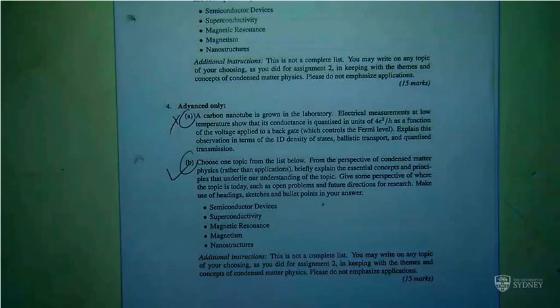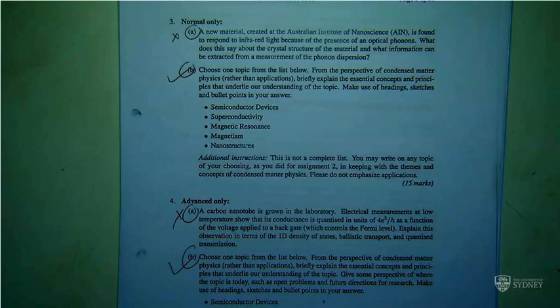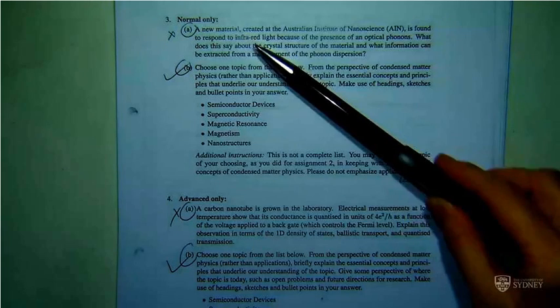So on the second page, here they're talking about the interaction of light with the optical phonons. We didn't really talk about the interaction of light with the optical phonons, so you don't need to know that one. Again, you can see some pattern coming here.